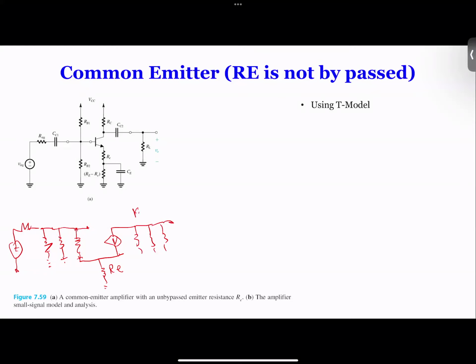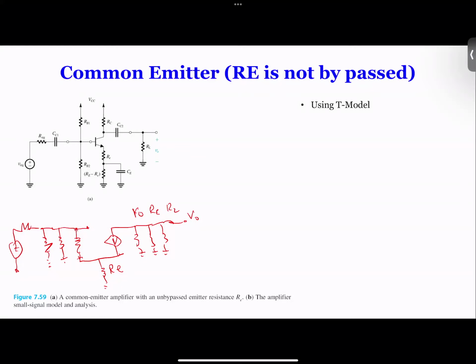This is our RO, our RC, RL. This is your output. You see, this is where the problem comes from. Because if you have RE at the emitter, these three are no longer in parallel. These two are still in parallel, but not R pi, because R pi is connected to RE to ground. But you cannot simply add these two because there's current flowing here. So these two are also not in series.